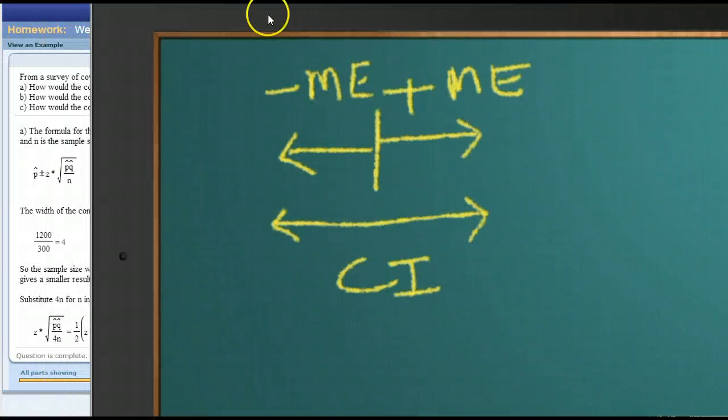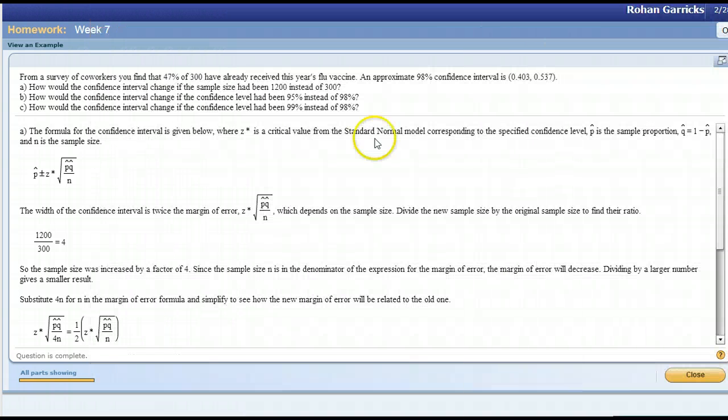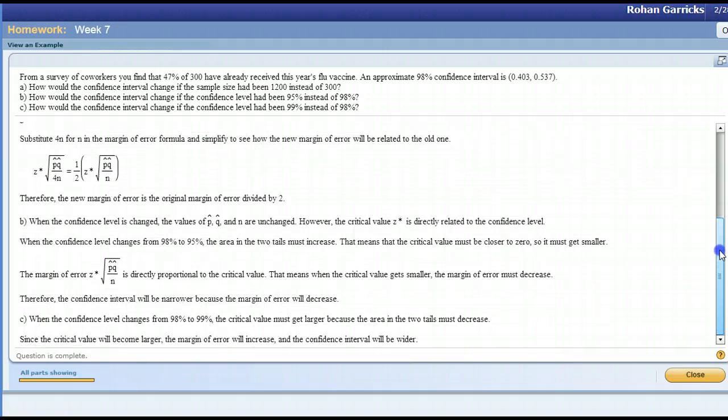Now looking back at what it means here, instead of all the way out to here, your margin of error is going to only add that amount and that amount. So it's going to translate directly to having a confidence interval that is half the size of the original. Alright, so that's what part A is really all about.